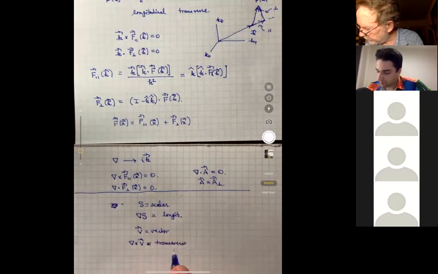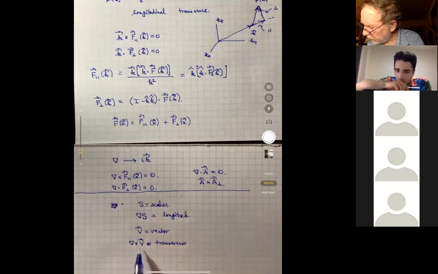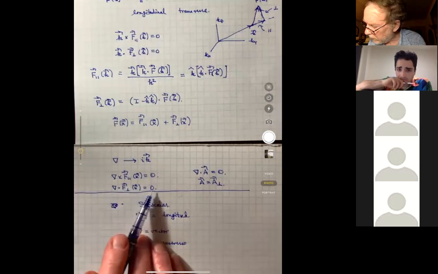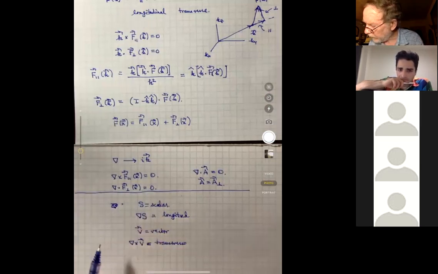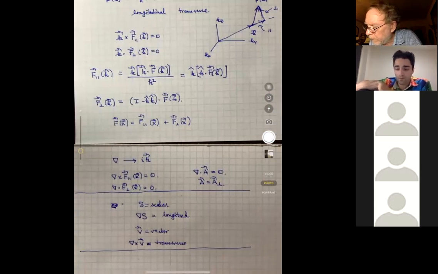And how do I know that? Because the divergence of the curl is equal to 0, and so that makes it a transverse vector field. All right, so those are some facts about longitudinal and transverse vector fields.